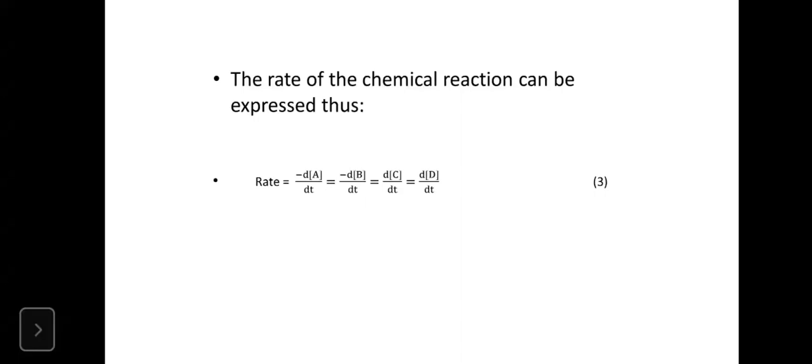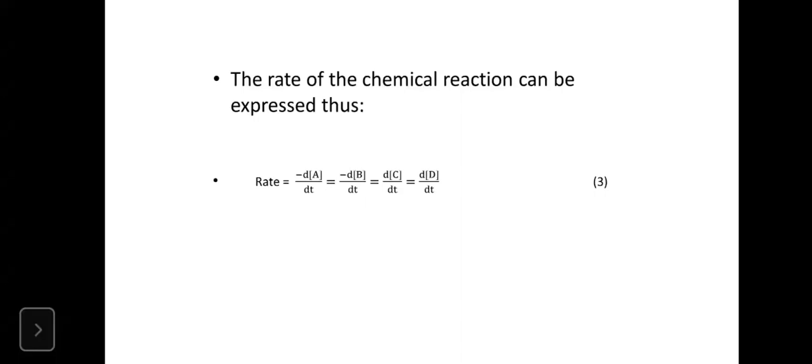If I want to take A, with time A is reducing, B is reducing from equation 2, and C is increasing, and D is also increasing. You know what I mean by calculus, that you learned at senior secondary school. d[A]/dt: I'm just saying the rate at which A is decreasing, so I put a minus sign in front of it: minus d[A]/dt. The unit is mole per dm cube per unit time.